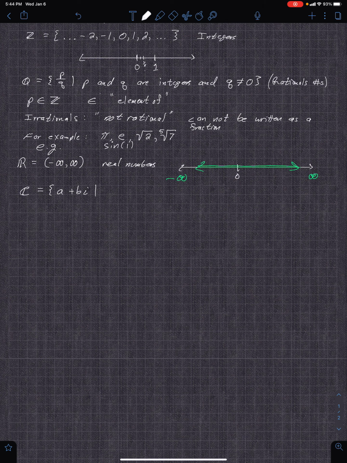It's the form a plus bi such that a, b are real, and i is defined to be the square root of -1. And there's other definitions of how you say that, but those are complex. You could talk about the complex plane, things like that. I don't want to get into that now, but you can look up complex plane stuff. There's a whole field of study, of course, called complex analysis that uses much of this stuff in the complex plane.